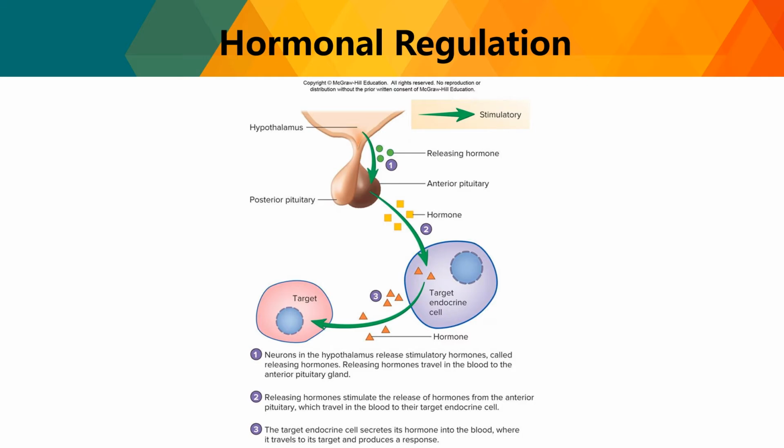So, etong hormone na to, it would also affect another endocrine cell, and this endocrine cell na to, magre-release ulit siya ng isa pang type of hormone going to another effector cell. So, ganon ang hormonal regulation. It can be stimulatory, ibig sabihin pag stimulatory, dinadagdagan. Pwede din naman siyang inhibitory. Okay?